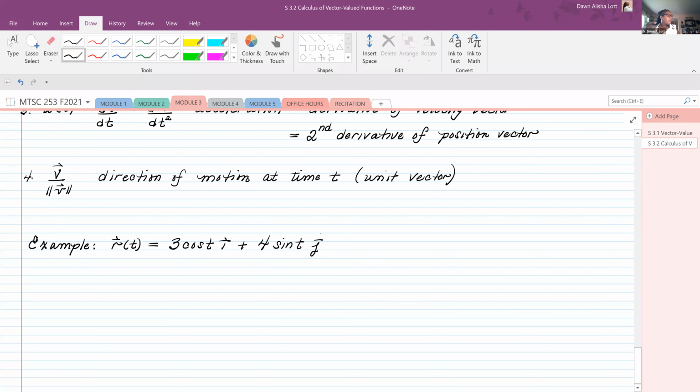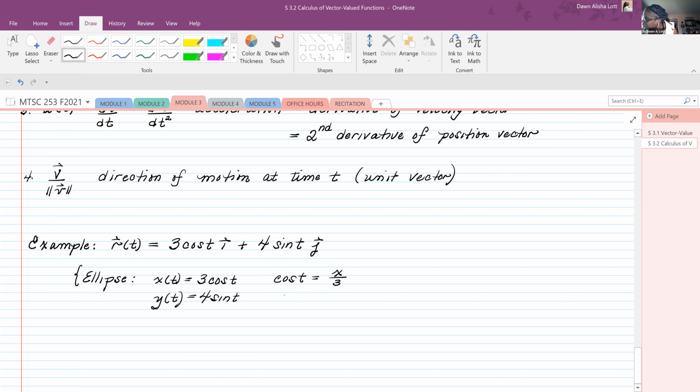Okay, this particle is traveling in an ellipse. The reason why I know this is because x of t is 3 cosine t, and so therefore I get that the cosine of t is x over 3, and y of t is 4 sine t.